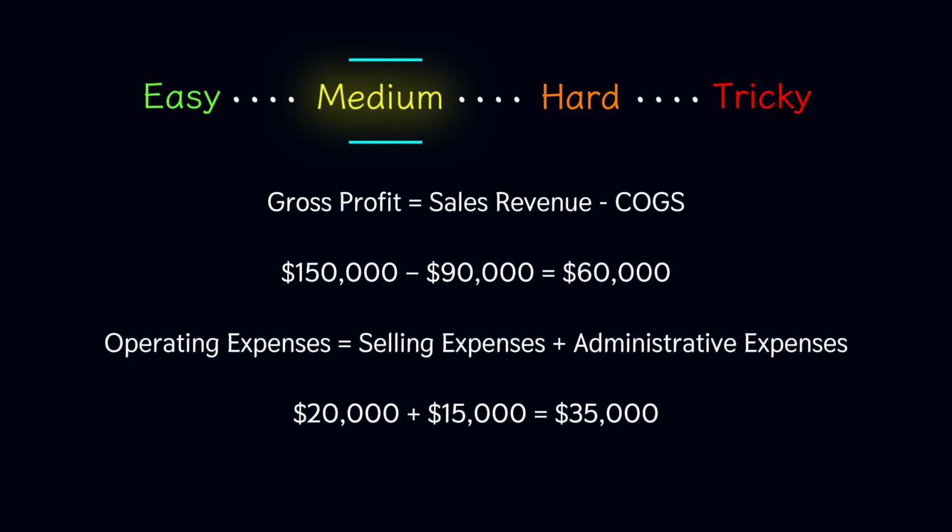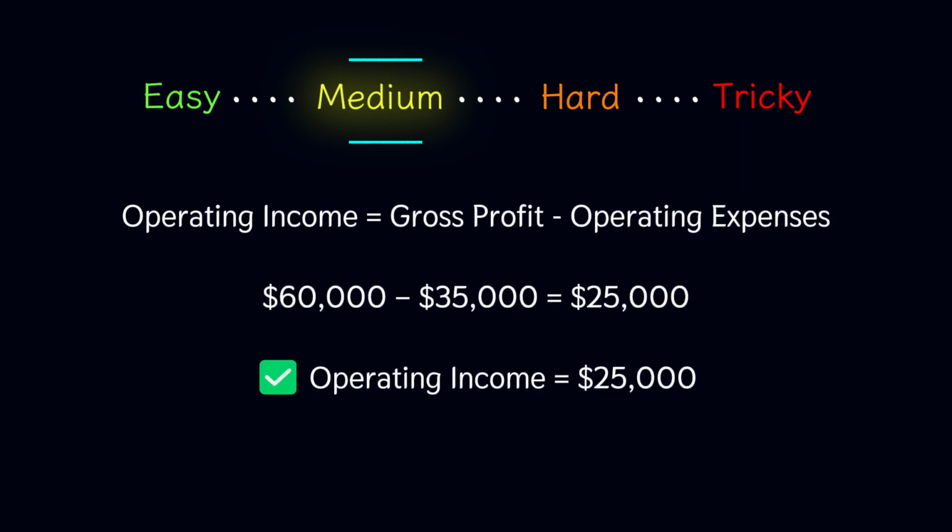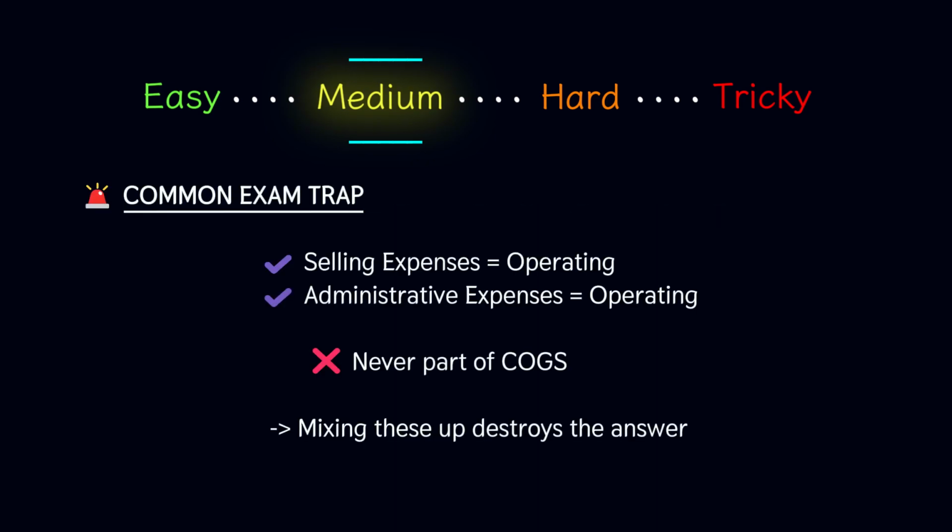Now combine operating expenses. Selling expenses plus administrative expenses. 20,000 plus 15,000 equals 35,000. Now subtract operating expenses from gross profit. 60,000 minus 35,000 equals $25,000. That is operating income. Exam tip you must remember. Selling and administrative expenses are both operating expenses. They are never part of COGS.